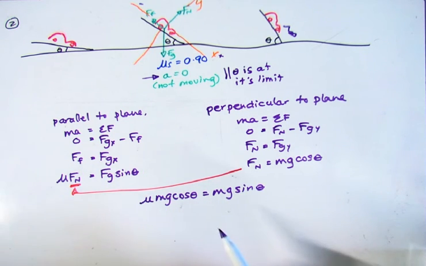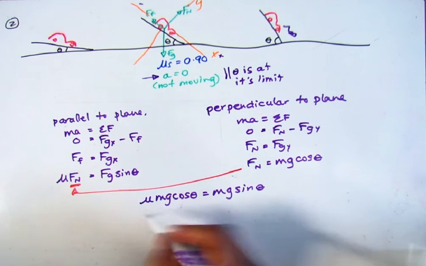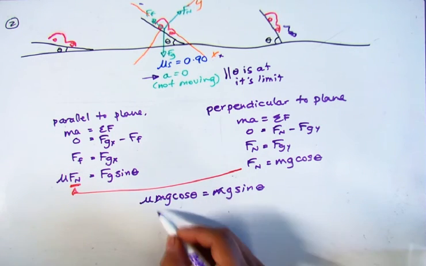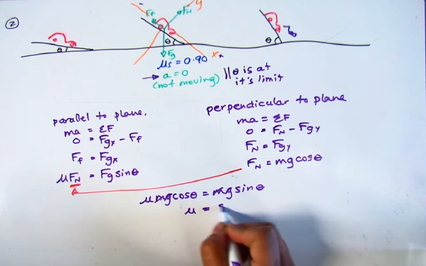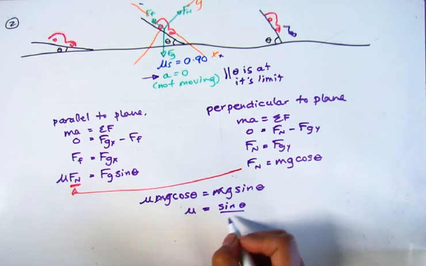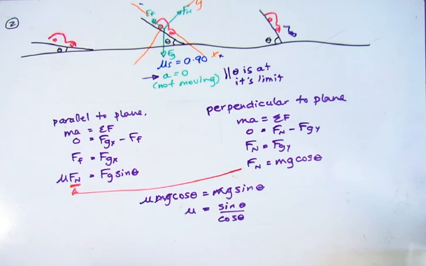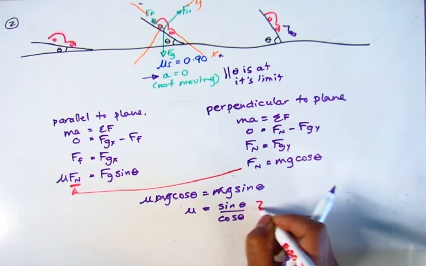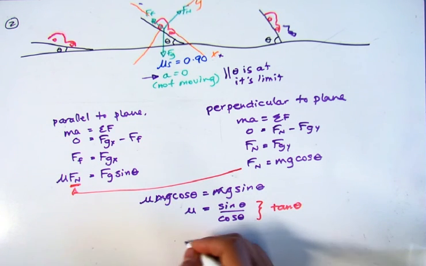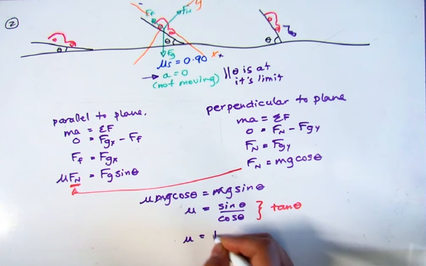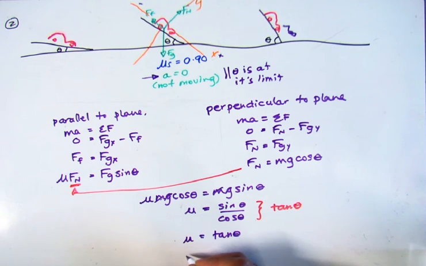I have this really nice expression where I have an m on both sides and a g on both sides. So I end up with mu equals sine theta over cos theta. And I don't think it's a big stretch for you to know that this is tan theta. And so we get the expression mu equals tan theta.